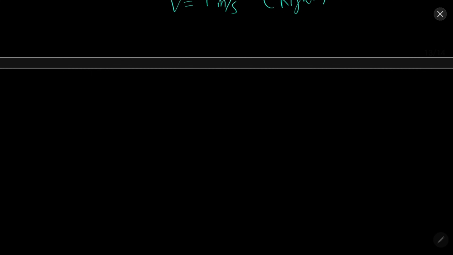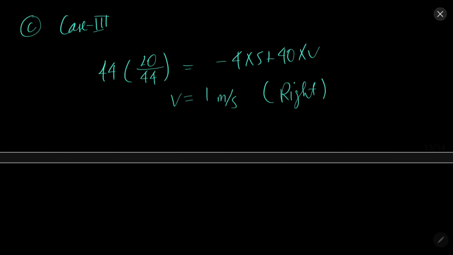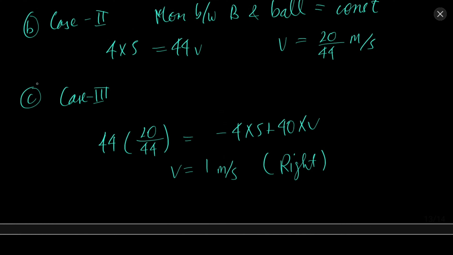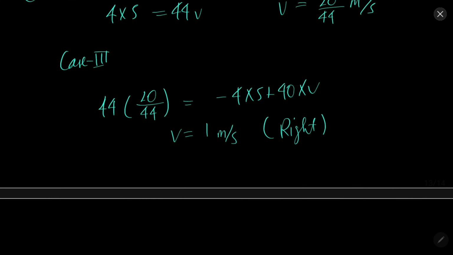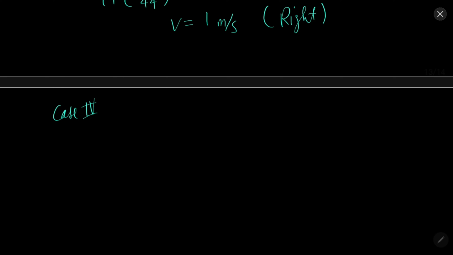Now D part. Actually in B part itself we have multiple cases, and let's say case number 4. When A catches the ball, then again we will have this equation by conservation of linear momentum.